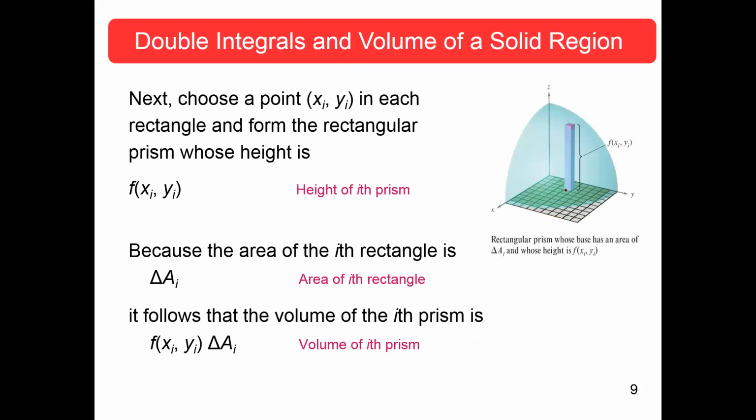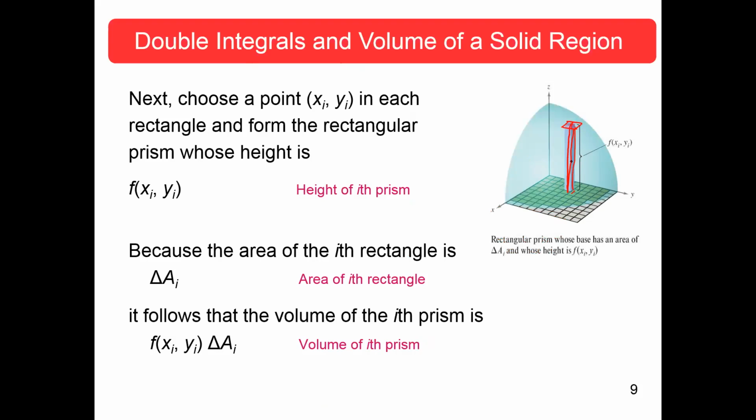Then we're going to use this representative point and go up to the surface, right? Go up to the surface, and you can construct a small prism. Or you can just imagine this as a long box, a pretty high box.